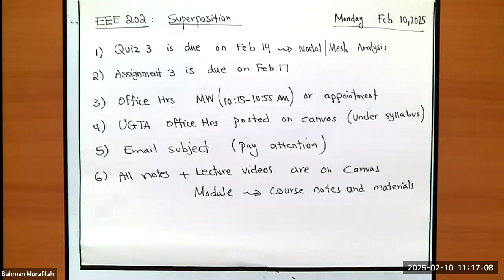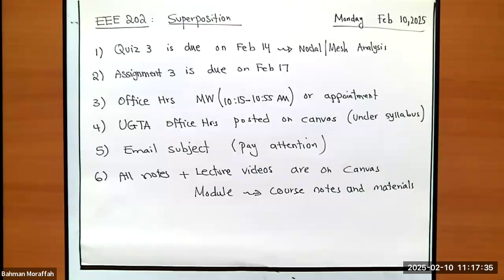It is not as general as KVL, KCL, mesh analysis, or node analysis, but it's pretty general in the sense that if I have a circuit that is linear, which is basically the subject of this course, and as long as you have more than one independent source, you can always apply this method to it.